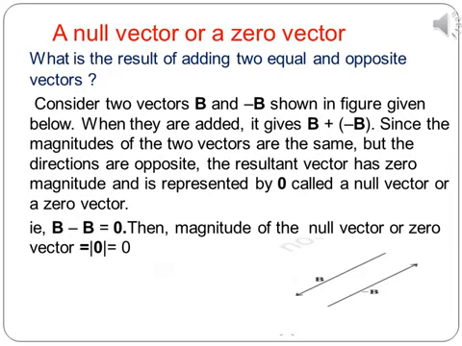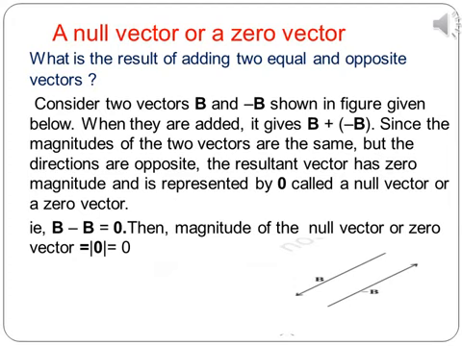When these two vectors are added, it gives vector B plus minus vector B. Since the magnitude of these two vectors are the same, but the directions are opposite, the resultant vector has zero magnitude and is represented by bold-faced number 0 called a null vector or a zero vector.